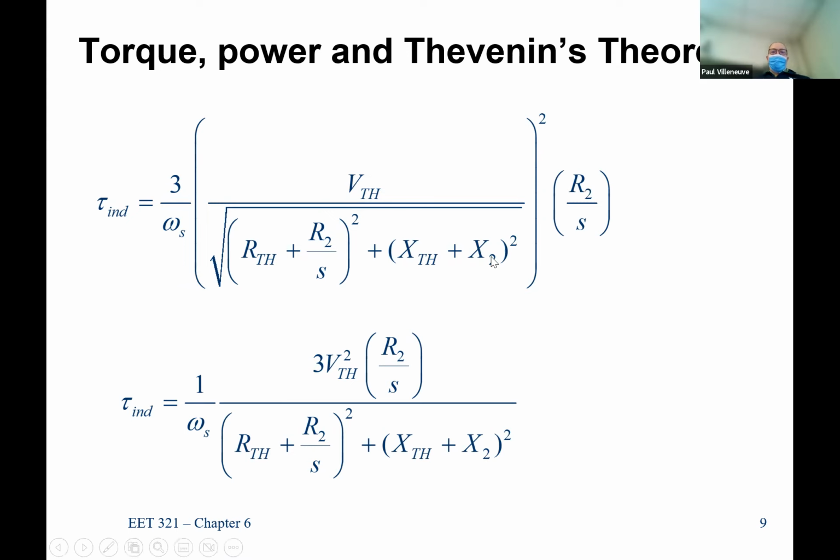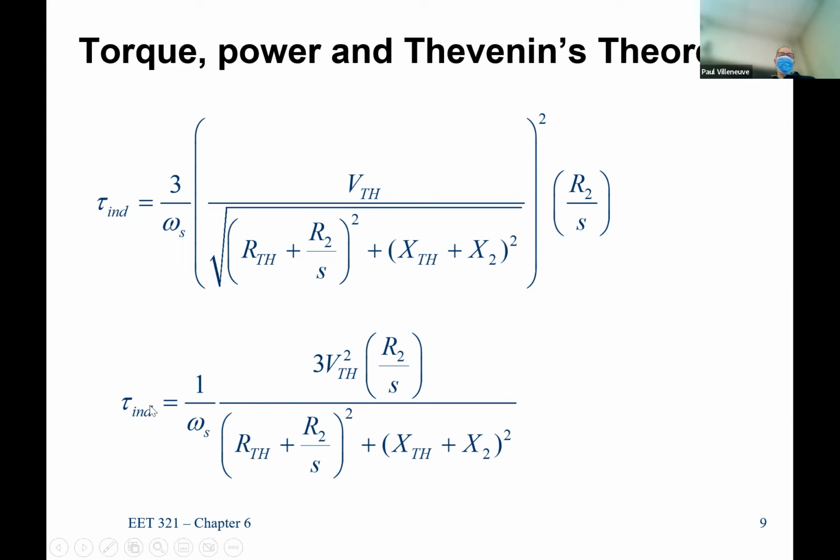And then getting rid of our square root terms and our square terms and moving things around, here is the equation to calculate induced torque directly. I can see that I've got a bunch of values of X and R and voltage. You remember in lab when I said, make sure you fix your voltage at 100% or 120 volts?